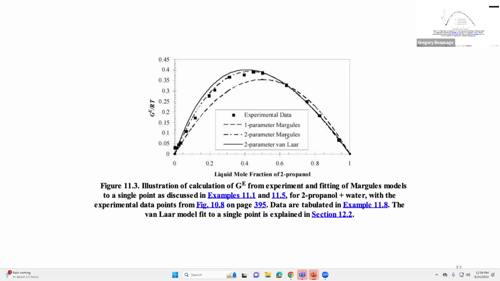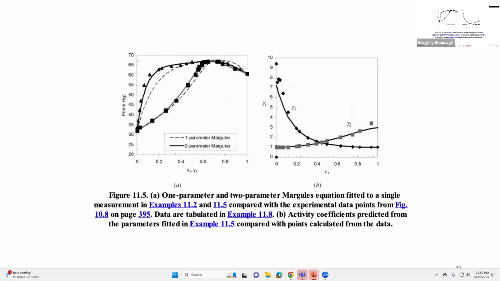Margules is the parent one, the one that everybody uses, and it works pretty well here with two parameters. It matches up for this simple propanol-water system that has hydrogen bonding. Then when you plot the activity coefficients for things like that, they're significantly skewed from what we had before. That's another thing, but I'm not sure how much we'll deal with that.